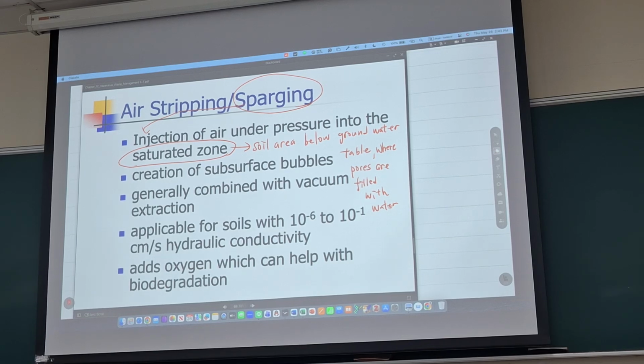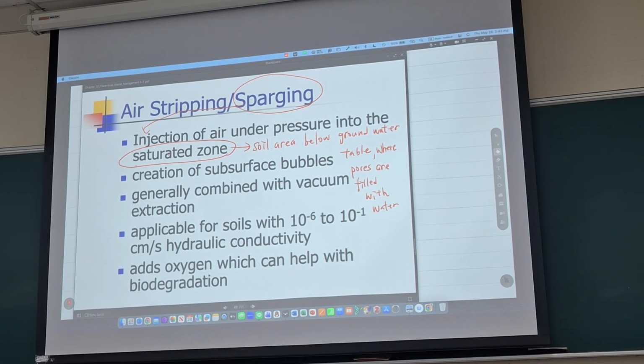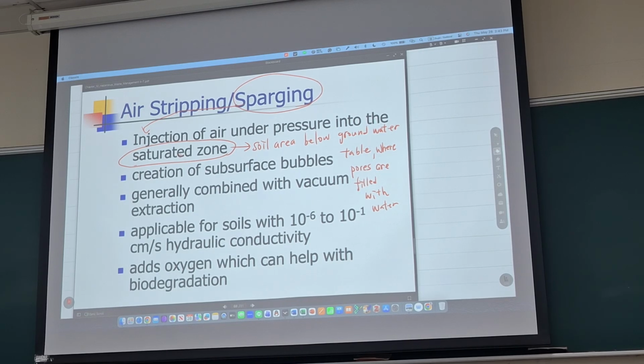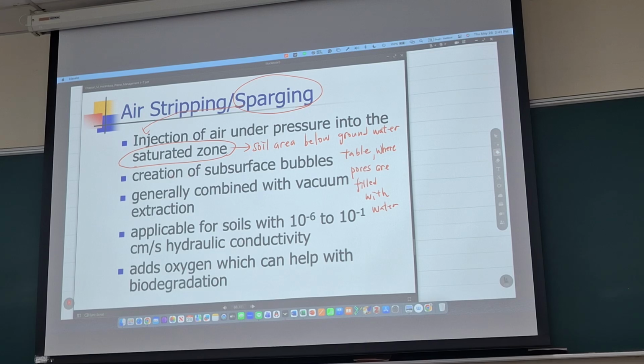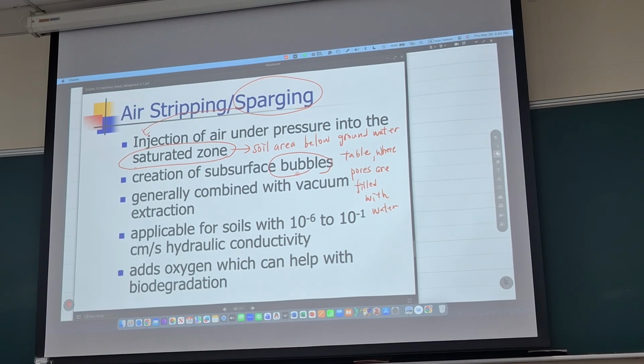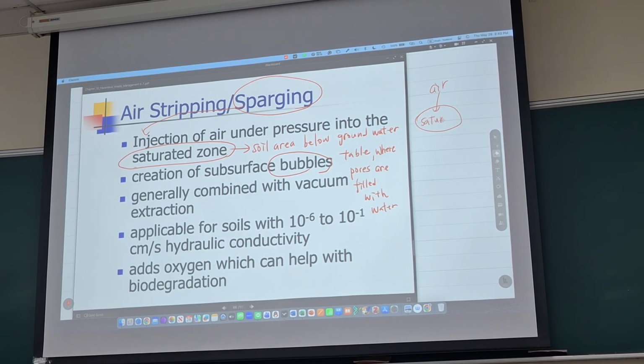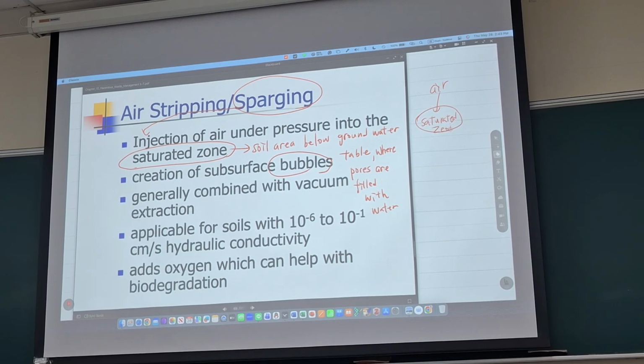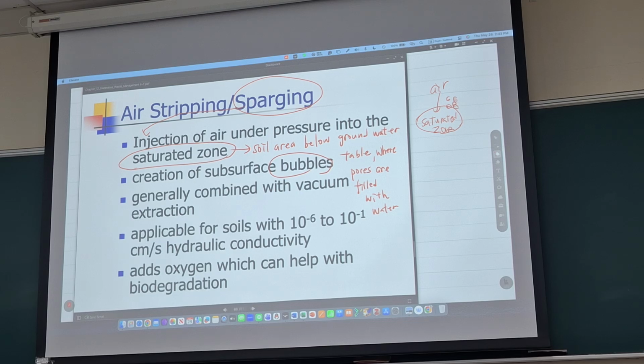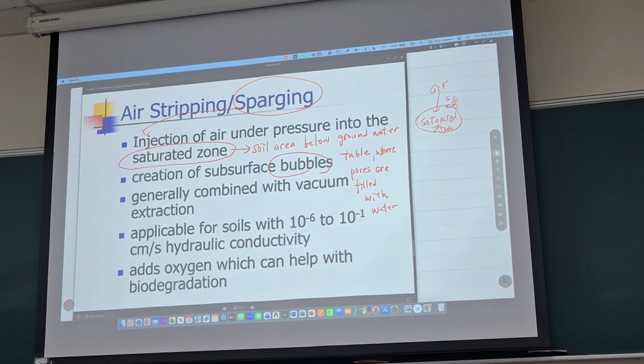Saturated zone. Okay, so when we inject air into a saturated zone, it will create bubbles. You will generate underground bubbles.